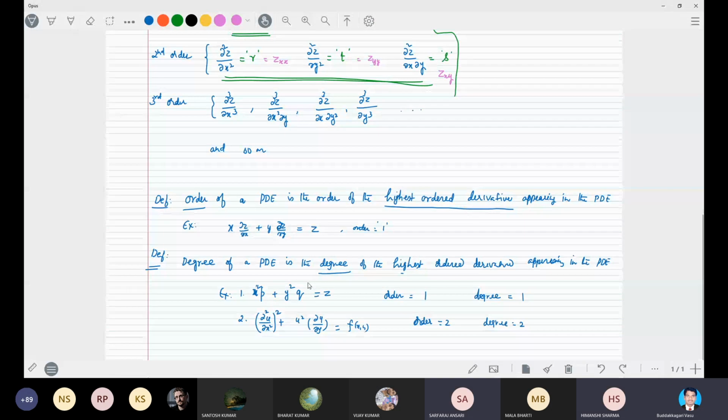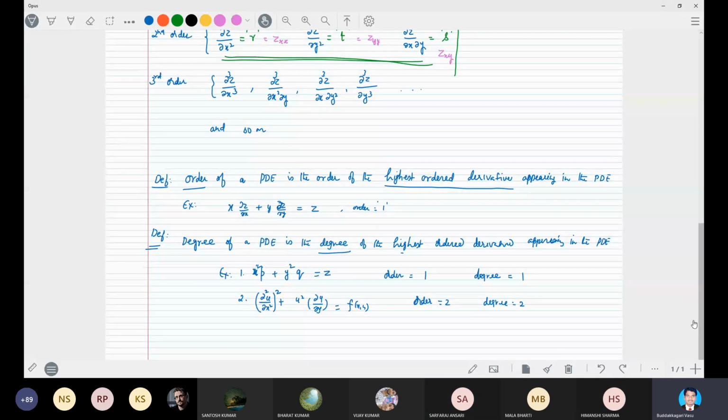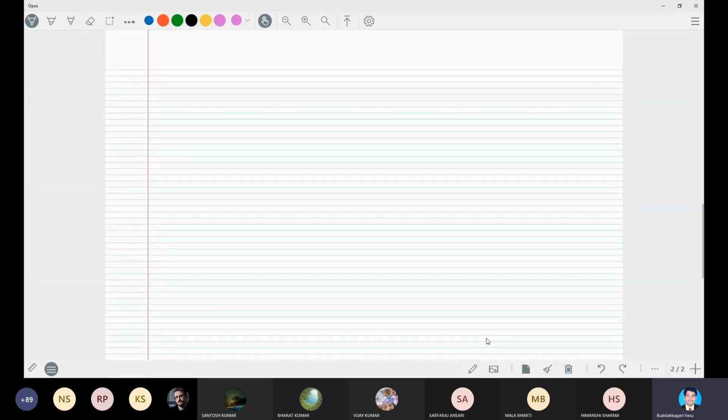Now let's go to the next one. We can do first order PDEs later. Before that we will go to the concept of formation of PDEs.